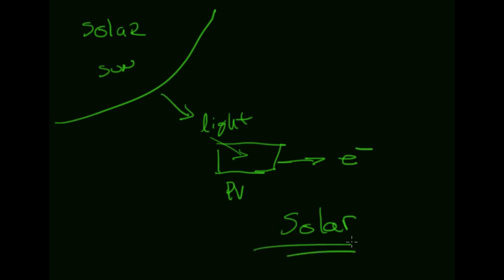This is one of the few methods that doesn't have a generator per se with a coil attached to it. This is a direct harnessing of one form of energy and transferring it directly into another using an apparatus called a photovoltaic cell.